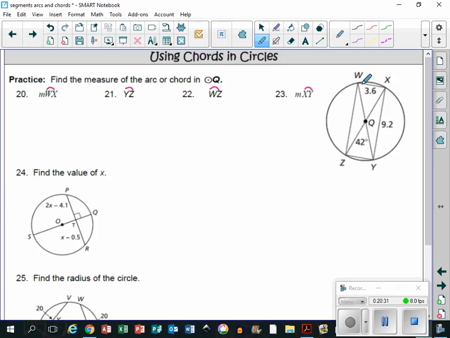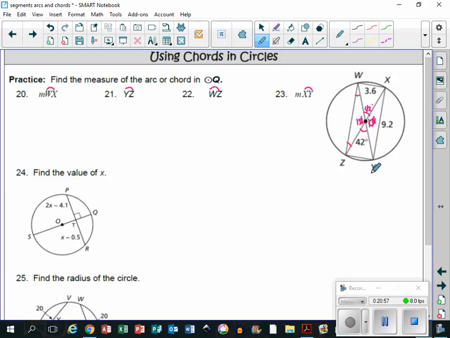This angle is congruent to this angle because they're vertical and they're 42 degrees, so that makes this 42 degrees. If these two are 42, then this one's going to be 138 and 138, which makes this angle equal to this one, and so on. So you got your rectangle going on.